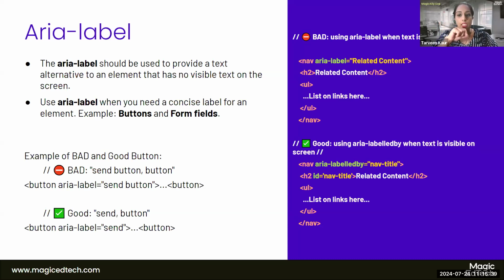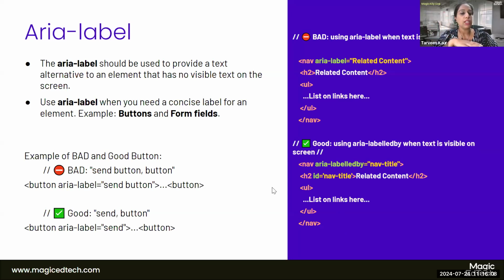So it's important that the ARIA label is nav title, and then nav title has its associated label, which is related content. And then we are able to see the list items under that header. So it gets very easy for the user to perceive that information. So you see at the bottom, if we define labeled by, it helps you give better information, because we are labeling it right and giving the right information.